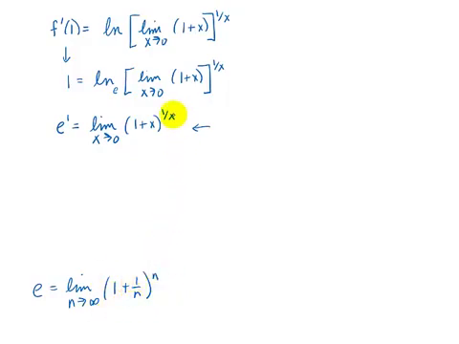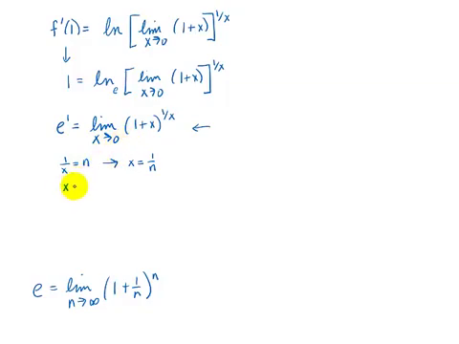So we need to somehow rewrite this. And if you look up here, this is a little clue. 1 over x is going to be the same as n. So let's use that. If 1 over x is the same as n, that means that x is going to be 1 over n if you solve this for x. All right, and then we also have to look at this. Somehow we have to change this x going to 0 into n going to infinity.